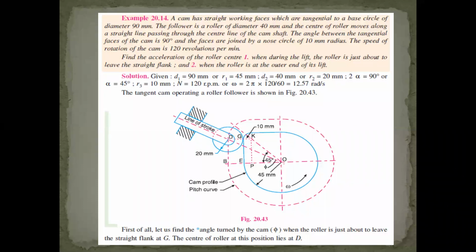The angle between the tangential faces of the cam is 90 degrees, and the faces are joined by a nose circle of 10 mm radius. The speed of rotation of the cam is 120 revolutions per minute. Find the acceleration of the roller center.